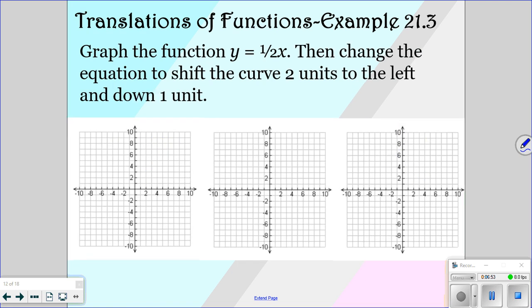Okay, so now we want to graph the function 1/2 x. So 1/2 x, the y-intercept is 0 and the slope is 1/2. And so this is what your line is going to look like.